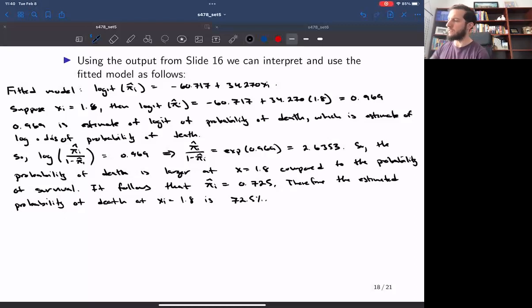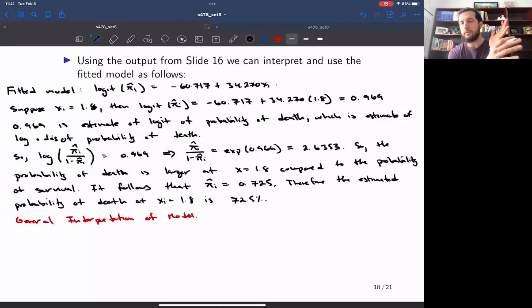But just for illustrative sake, we'll look at the general interpretation, and then we'll bring it back into the context of the problem. Just like with an SLR model, we're going to interpret the y-intercept and the slope, if you will. In this case, both values represent log odds again.